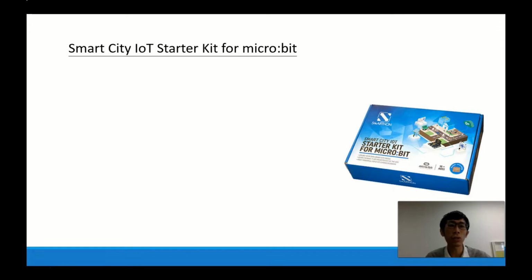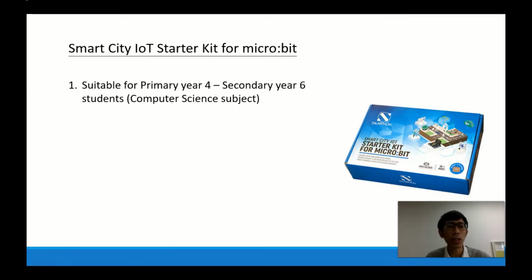The Smart City IoT Starter Kit for micro:bit is very suitable for primary year 4 students to secondary year 6 students, which is about age 10 to 18 years old.